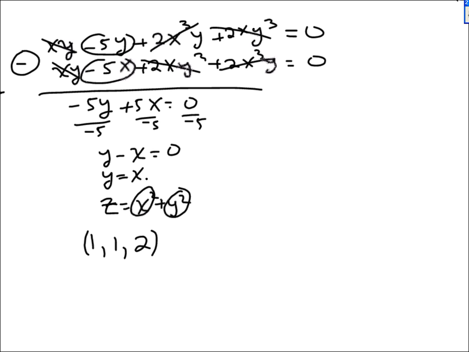And that's the closest point on the curve to the point 5, 5, 0. Just let x be 1, and y being x, y would also equal 1.